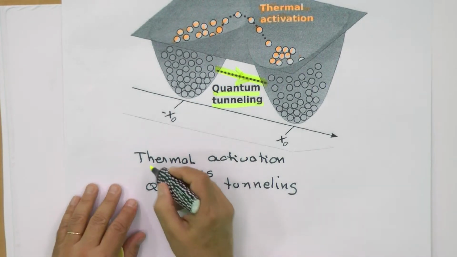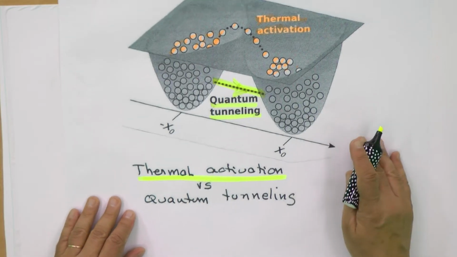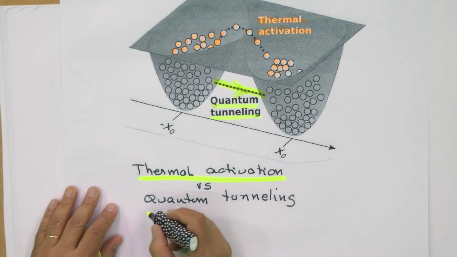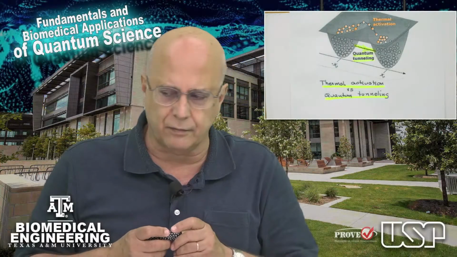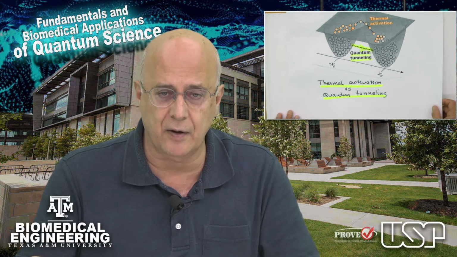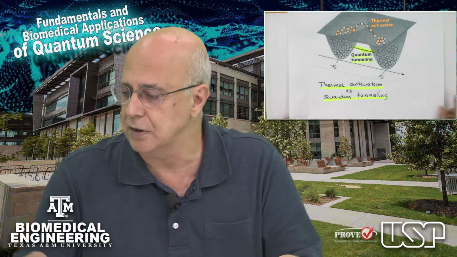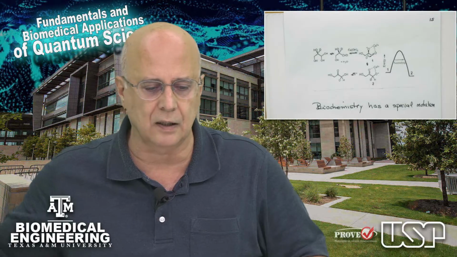So I believe that in many aspects we have thermal activation all the time in different metabolic reactions, but we also have quantum tunneling in many different reactions. And quantum tunneling is very important in many situations. I'm going to give you some examples here that are related to quantum tunneling.